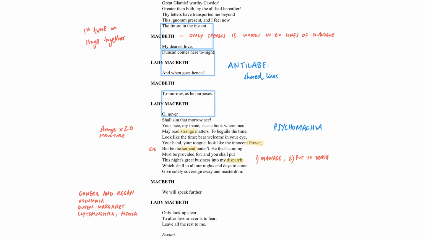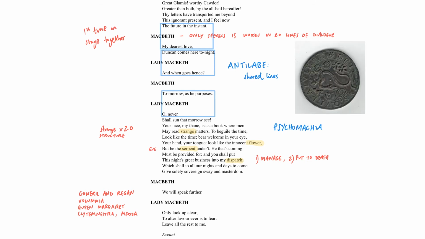Remember, only 15 words in 20 lines of dialogue. An image of a snake among flowers is also found on the medal commemorating the discovery of the gunpowder plot. So it alludes to that and ties Macbeth and Lady Macbeth's plot against the king here to that plot.